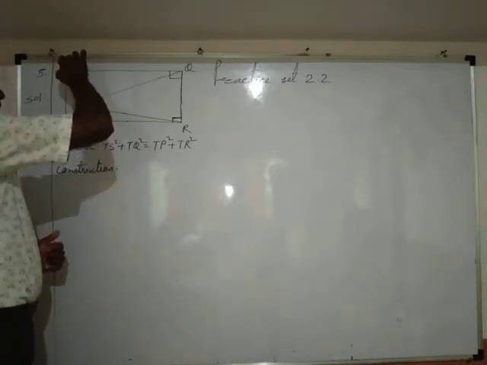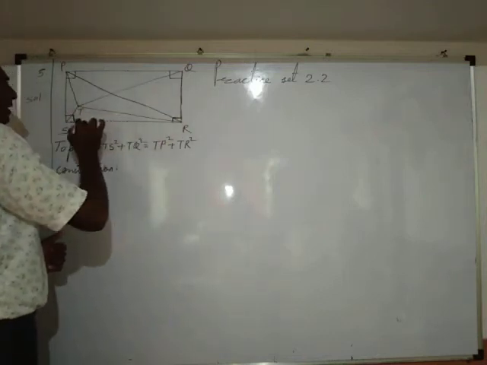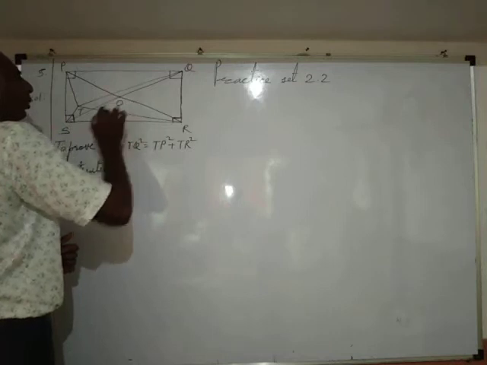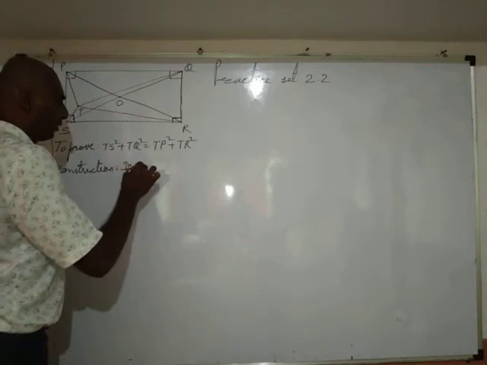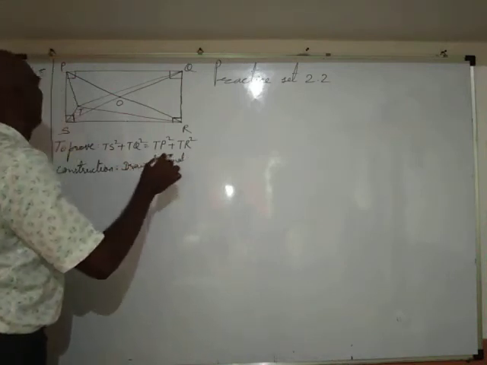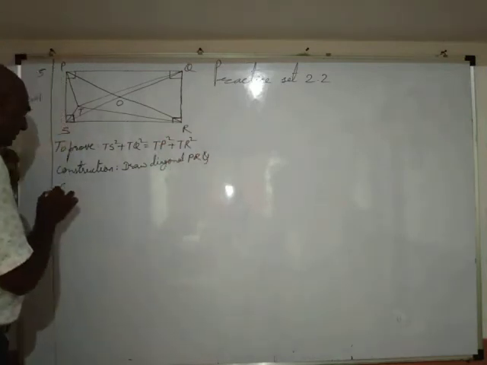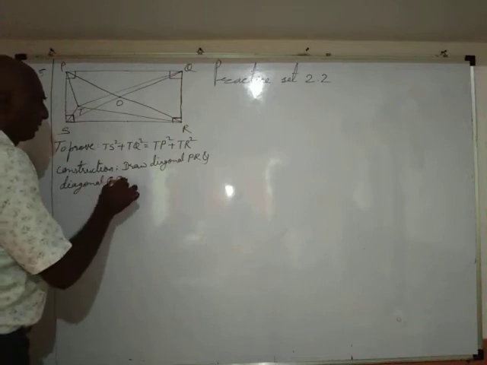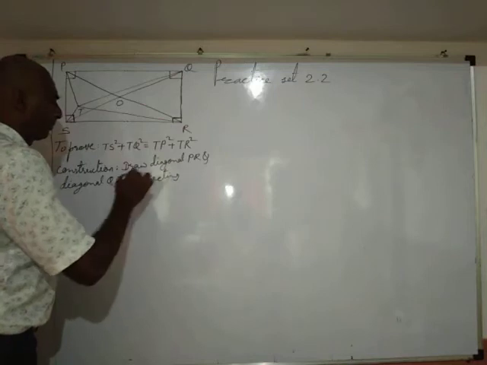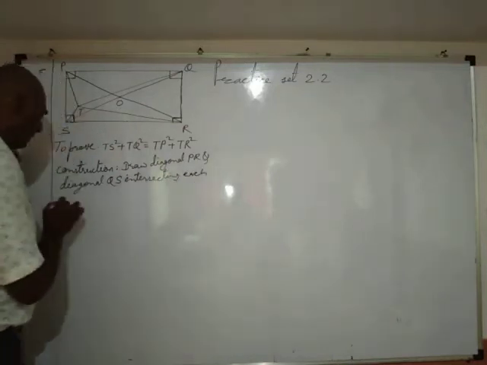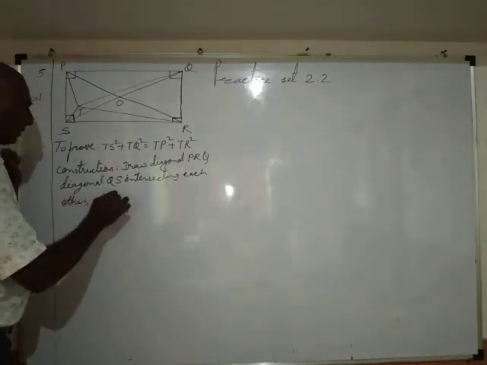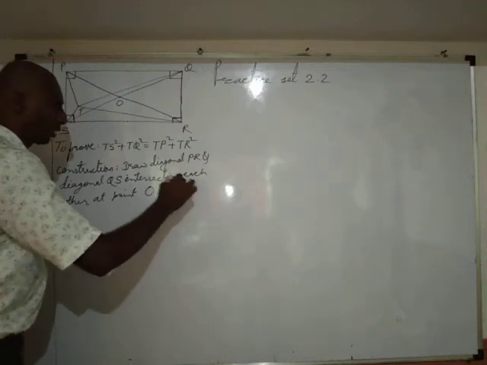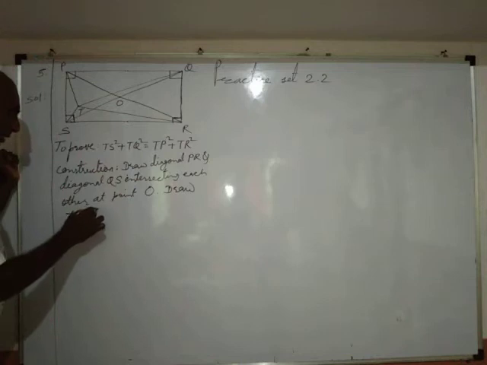Draw diagonal PR and diagonal QS intersecting each other at point O, and draw seg TO.